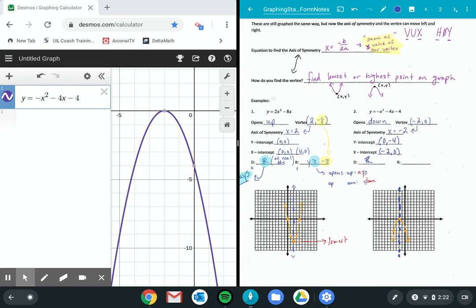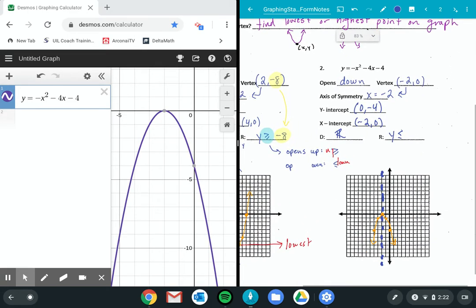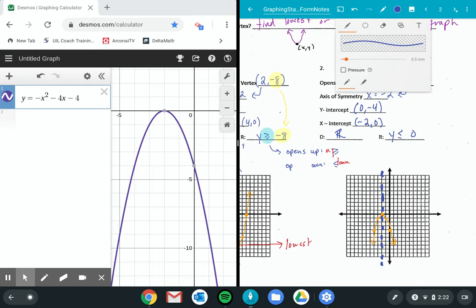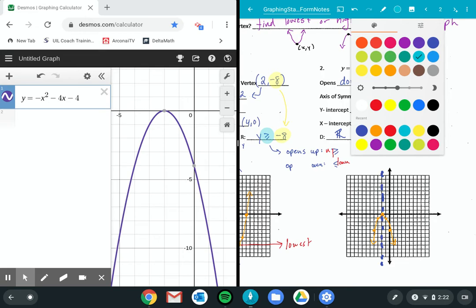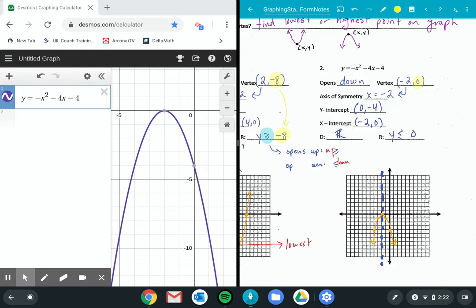So that really tells me what my inequality is going to be. It's going to be y is less than or equal to, and what was the y value of that vertex? It was 0. Like I said, that's a great little pro tip to always help you remember that relationship. Okay.